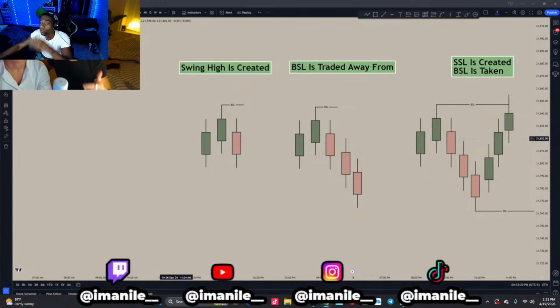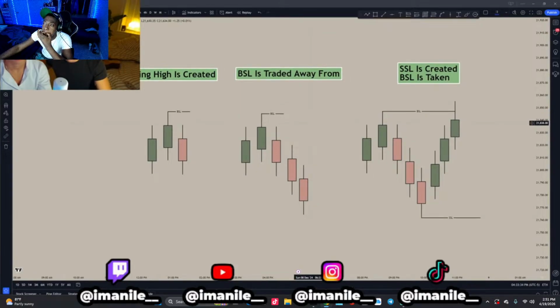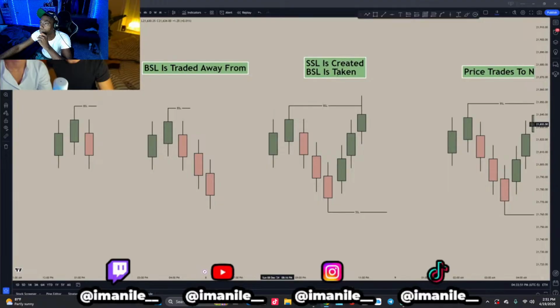Then what happens? This buy side liquidity is traded away from. People are shorting and their buy stops are resting right here. Why is it called buy stops? Because they're shorting the market, and so if they get stopped out, in the case where you're trading futures, your contracts are being bought back. Then, third step. In the process of buy side liquidity being traded away from, sell side liquidity is created.